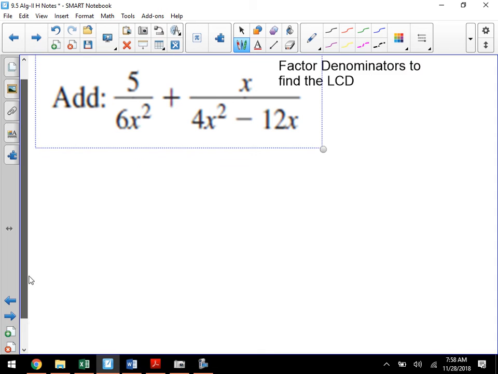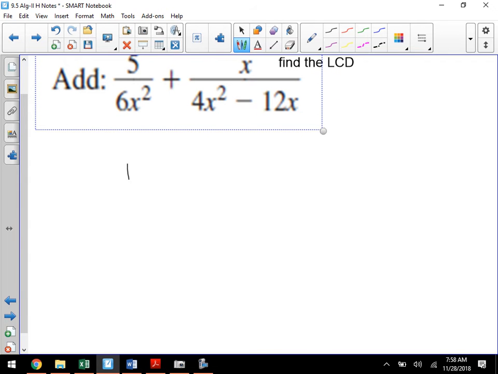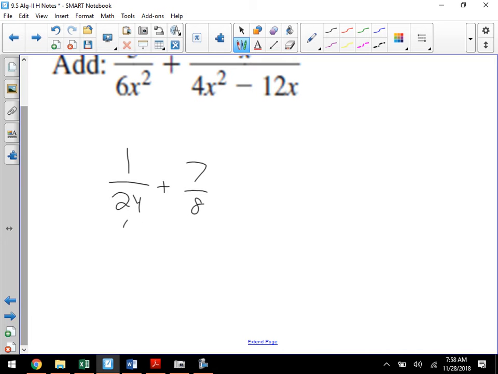For example, if you had like 1/24 plus 7/12. Oh, that's an easy one. Let's do 8 just for fun. Now, if you prime factored your denominators here, this would be, what, 4 times 6?